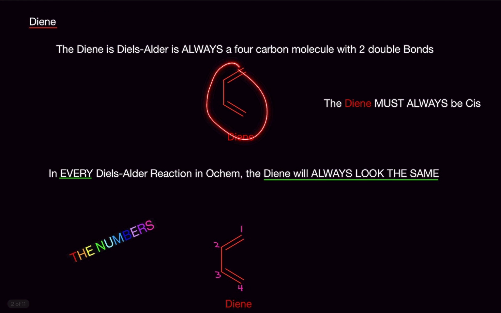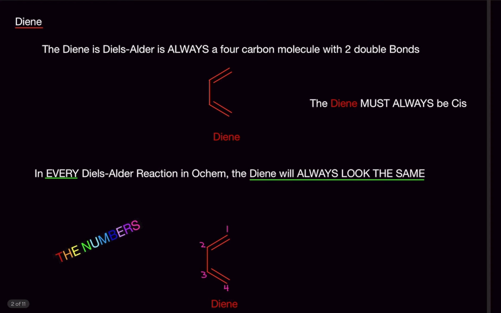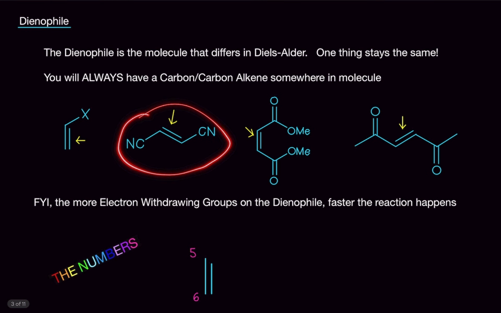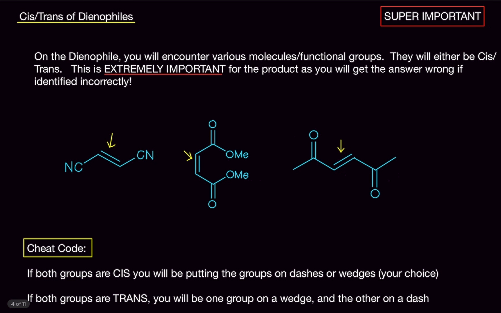The diene will always stay the same. It's the dienophile that has the functional groups attached to it. So whatever groups it is, carboxylic acids, nitrogens, oxygens, whatever it is, it's always the dienophile that has them. Now, when you encounter a dienophile with functional groups attached, you must identify, is it cis or is it trans, if it applies.